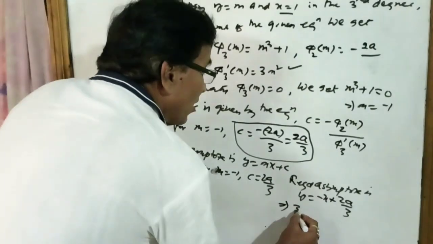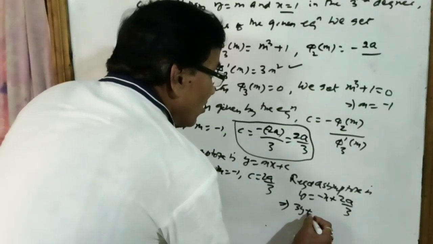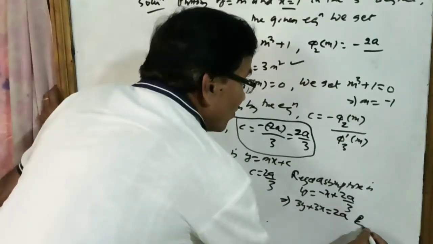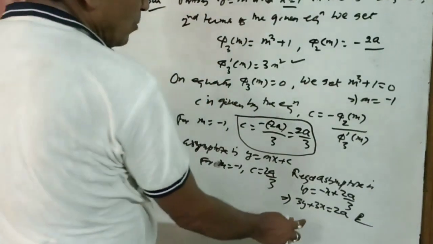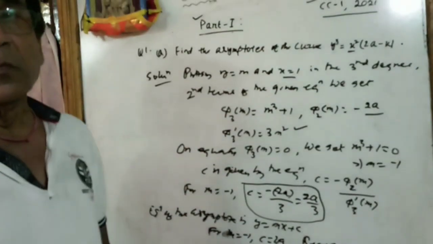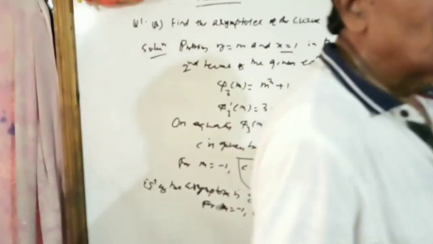On simplification it will give you 3y + 3x = 2a. This is your answer. So the equation of the asymptote is 3y + 3x = 2a.